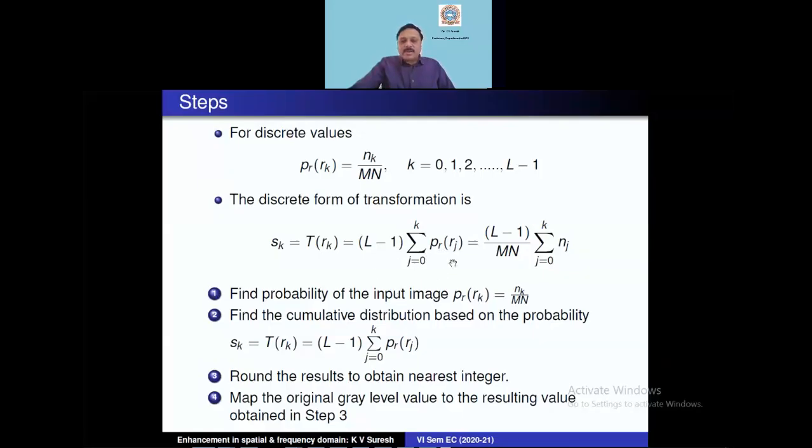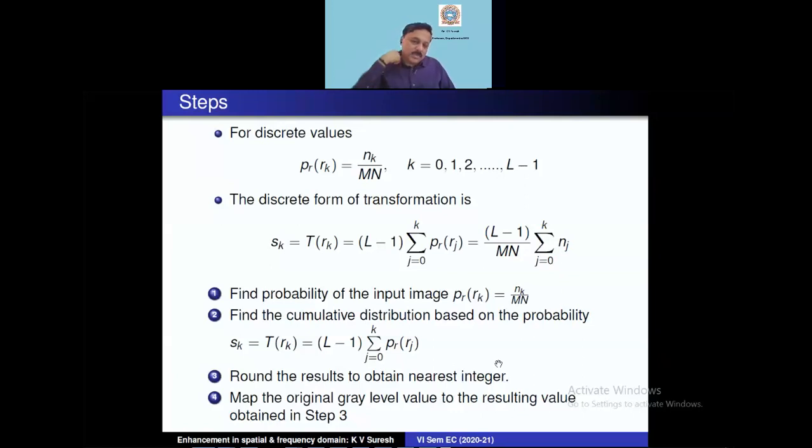So I will calculate the CDF by using this formula, and use these steps. So these are the steps. Find the probability, find the CDF. Now once I find the CDF, this value could be a non-integer value, but gray level values cannot be non-integer. So round the results to obtain the nearest integer.